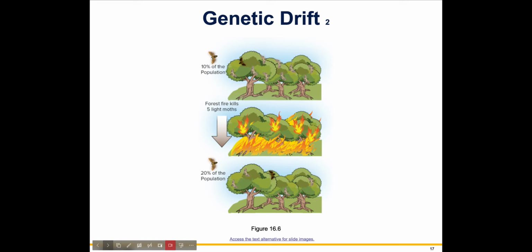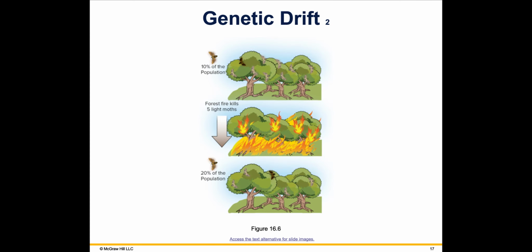So here's a great example. We've got our little moths, and they're in a forest, and then there is this forest fire, this big, traumatic event that drastically shrinks the population size. And what we see is, we had a lot of light colored moths and just a little bit of this other darker colored moth.